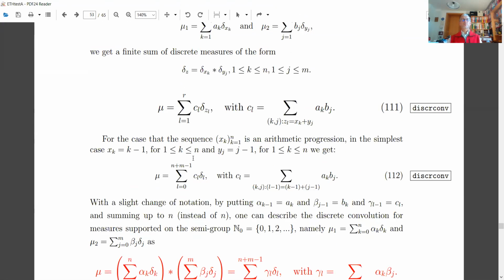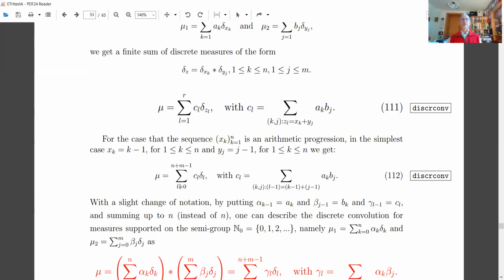But of course, it's more interesting to take these measures from an arithmetic progression. And in order to avoid complicated notation, I just take integers. Now, even more, I take natural numbers starting with 0.